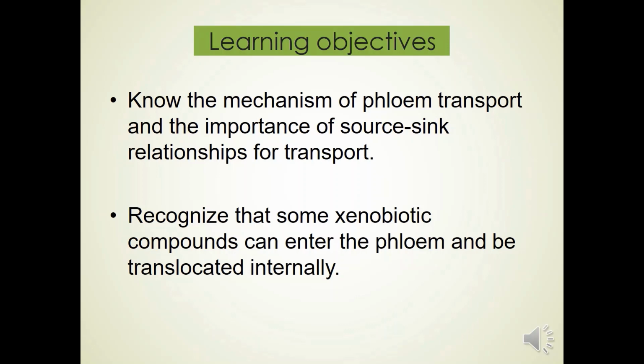And then from the leaf, starch will be degraded and become sucrose, and this sucrose will be transported to other areas of the plant. So other areas that require the starch we call a sink. So there is a movement from the source to sink. That is the source to sink relationship for transport.